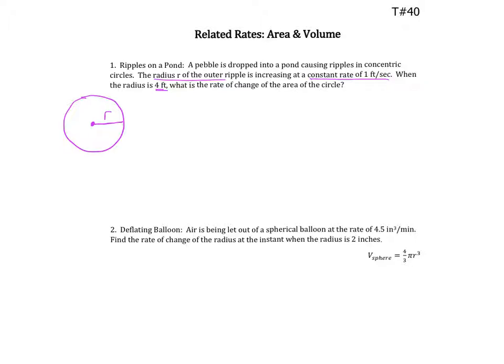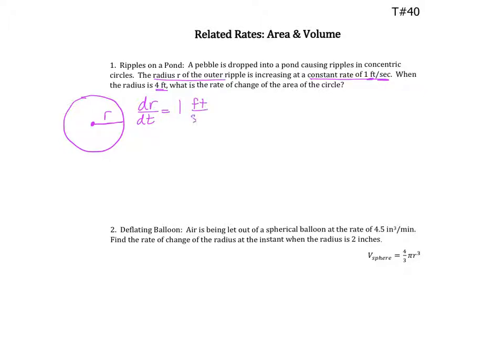I'm going to write my given. My given information is the constant rate. Now think about a rate. This is the change in the radius over time. So anytime they're talking about a rate, it's going to be d of whatever variable, in this case r for radius, and then on the bottom is dt, the change in the radius over the change in time. And then I get 1 foot per second.